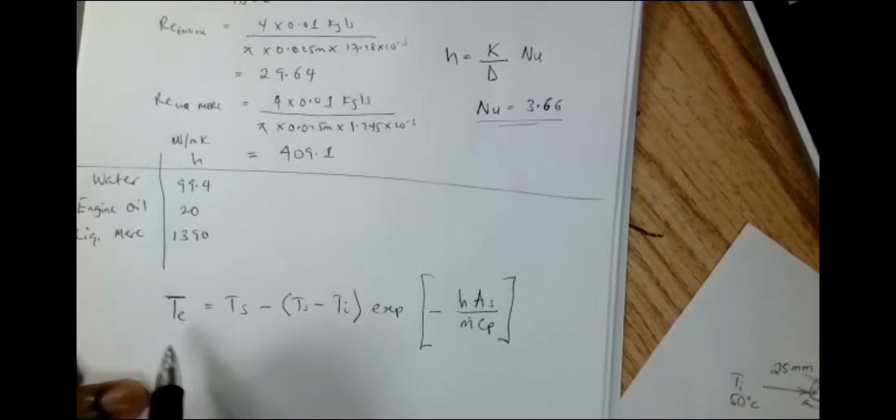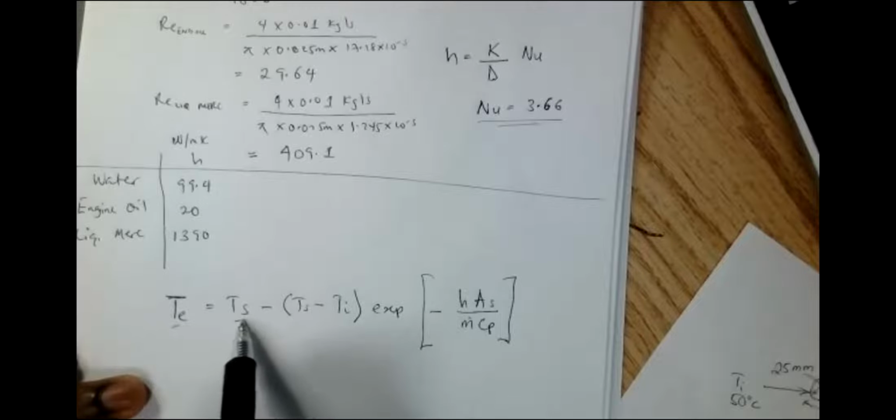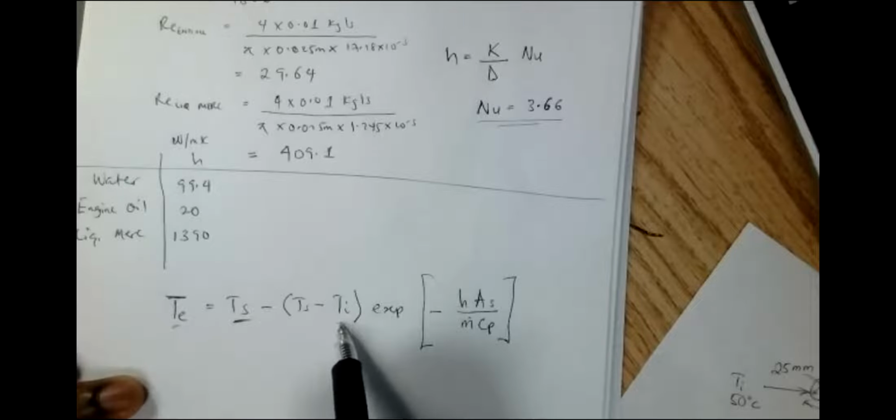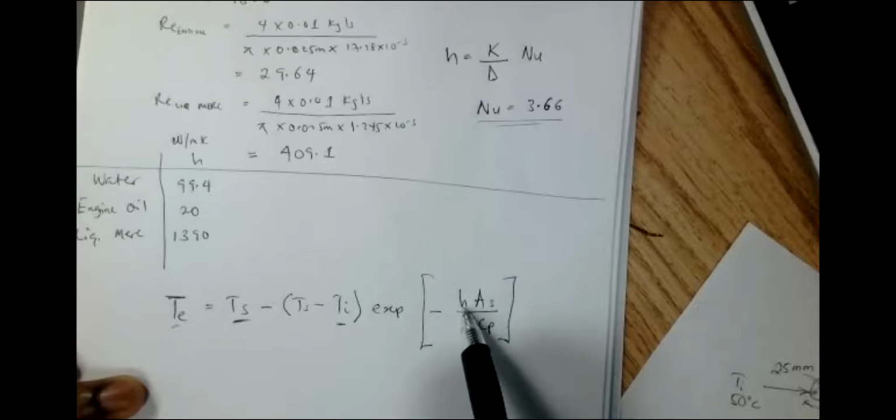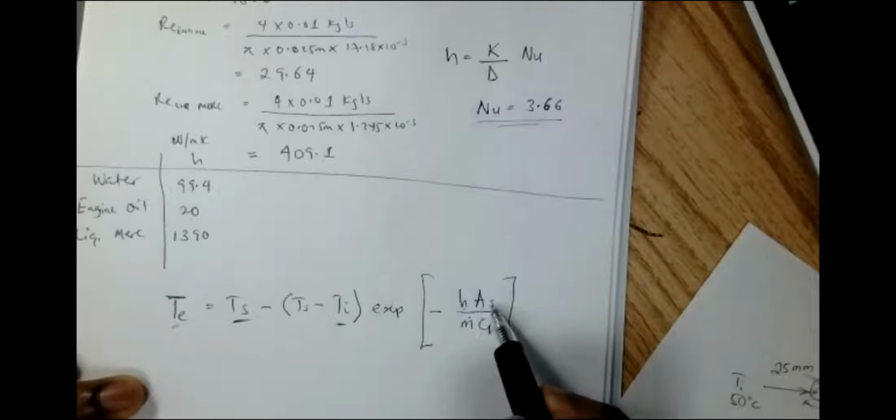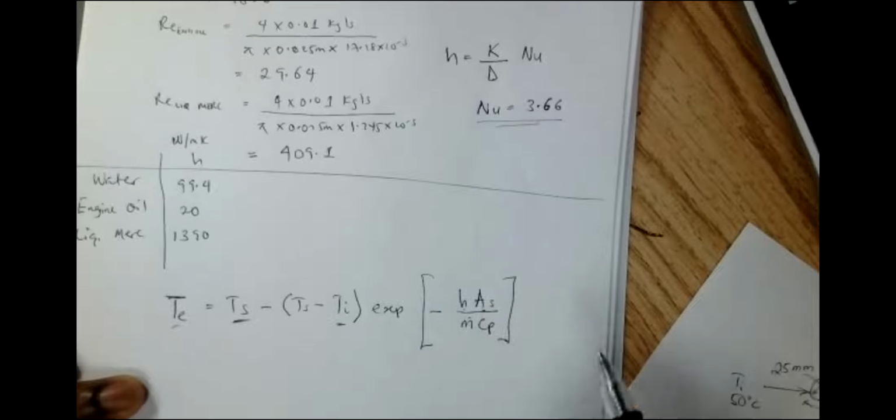So in this formula, T_e is the exit temperature. This is the constant surface temperature that we're looking for. Okay, this is T inlet. This is the individual convection heat transfer coefficients. This is a constant surface area, which is constant also.